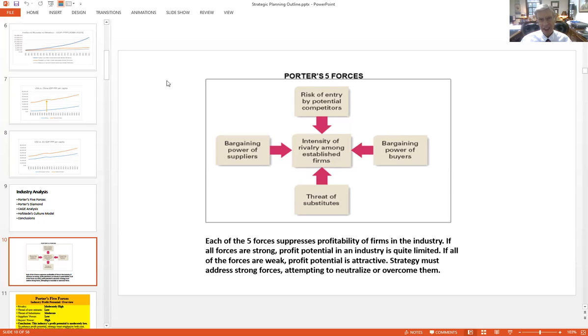Substitutes are products in other industries that can provide the same benefits to the customer as our product can. So I suppose, tea versus coffee versus soft drinks versus beer, or bottled water. And you can think of lots of industries that actually have competitors in other industries.